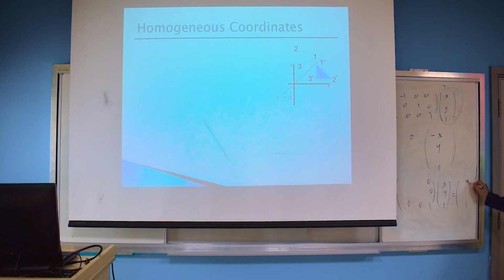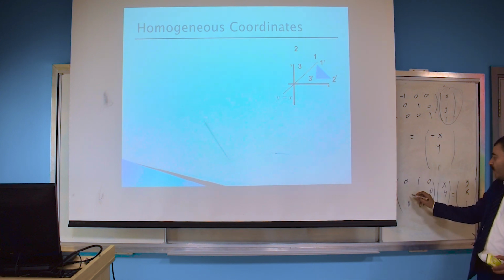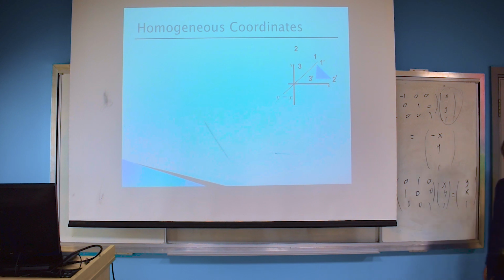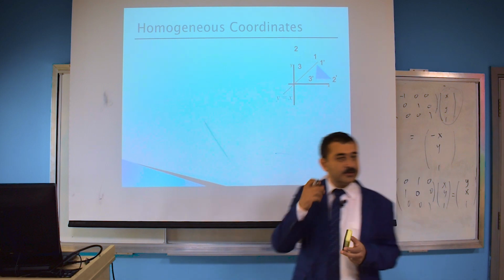Y and x. You switch y and x. So what is the matrix? 0, 1, 1, 0. Right? Do you remember the inverse function? You have a symmetry about y equal x, and you change x and y to get the inverse function, right?